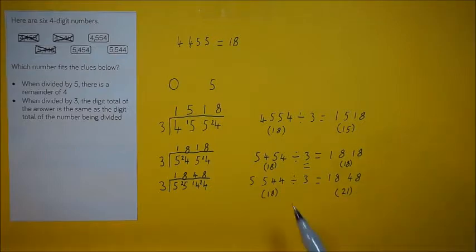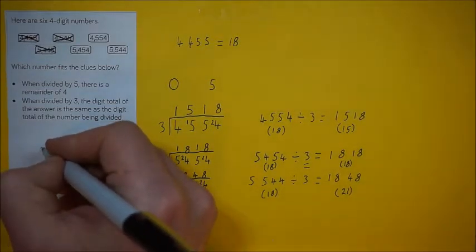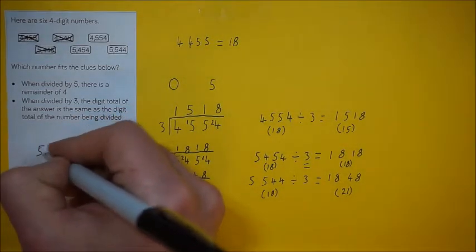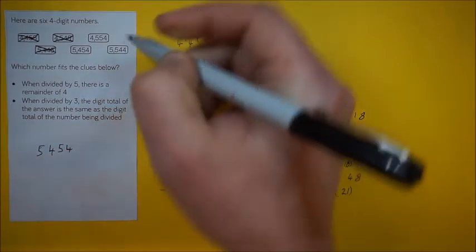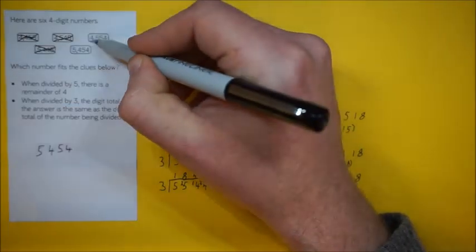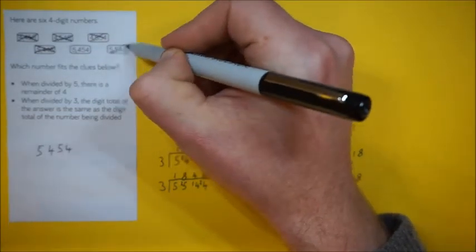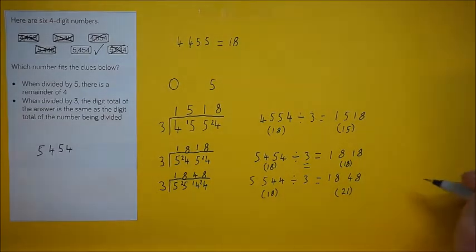So the only one that's equal is this number, 5,454. So I should be pretty confident in saying that the answer to this one is 5,454. So it's not this one, we think that one. Okay, we can check the digit totals again if we want to, just to be really sure.